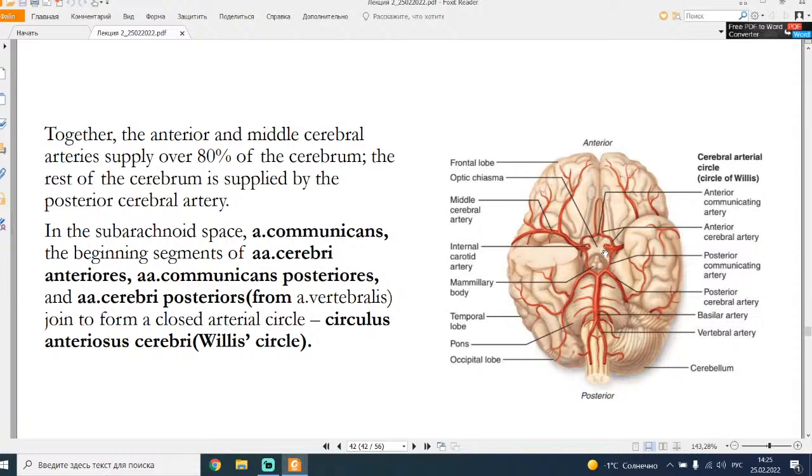This is the anterior communicating artery, anterior cerebral artery, posterior communicating artery, and posterior cerebral artery, which form the circulus arteriosus cerebri.